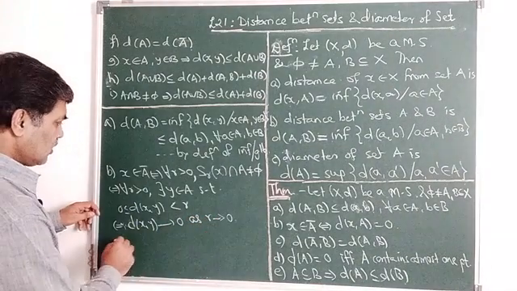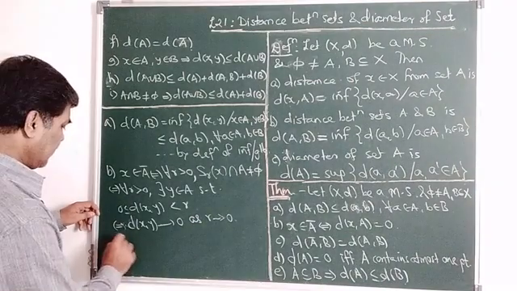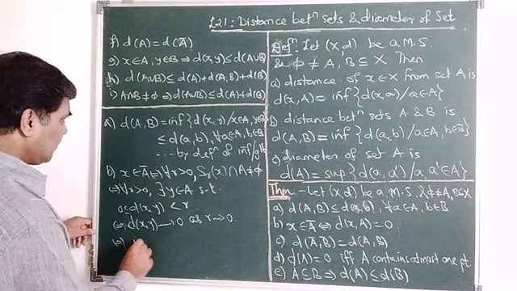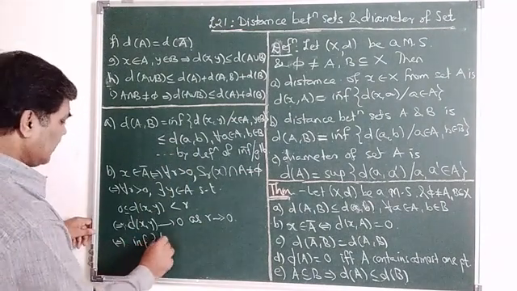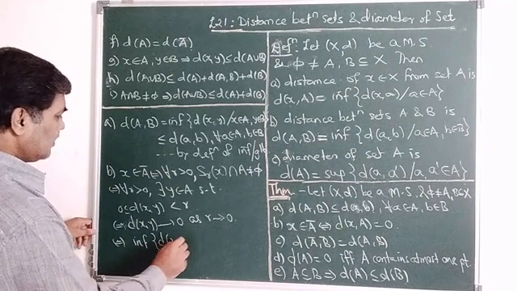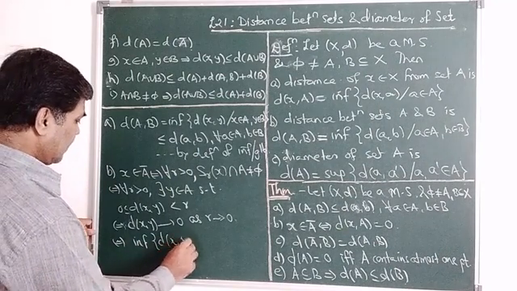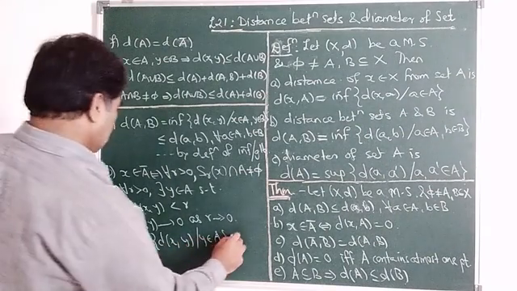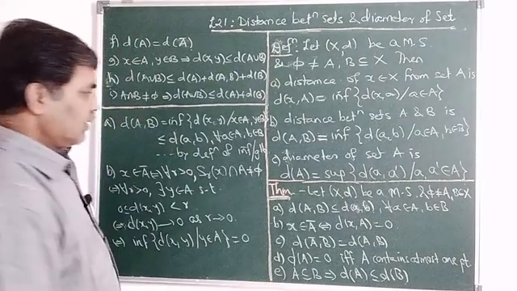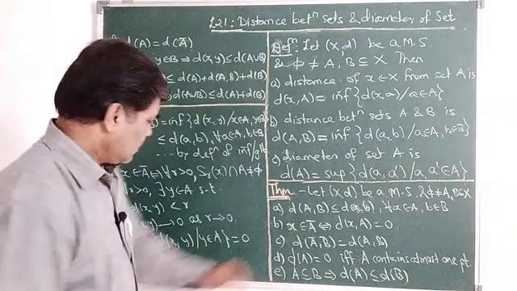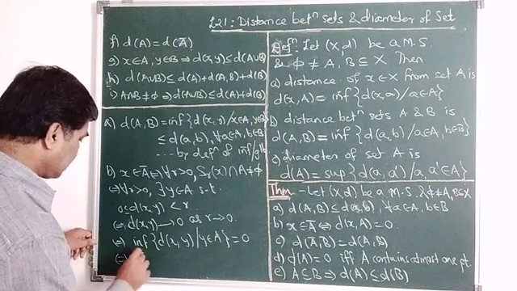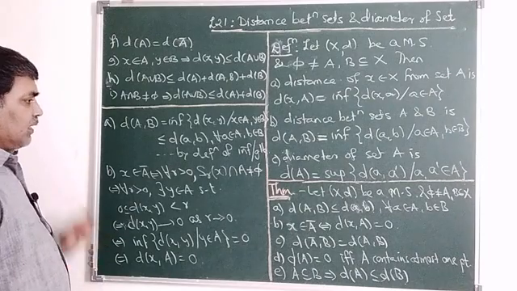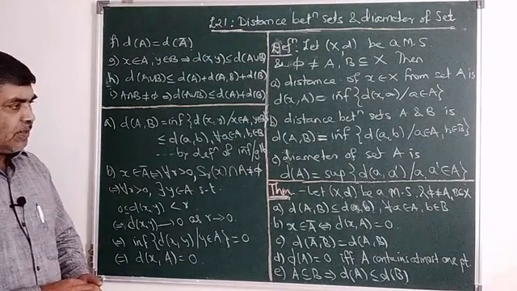If and only if the infimum of d(x, y), where y varies in A, is 0. If and only if d(x, A) is equal to 0. So this is an if and only if condition.